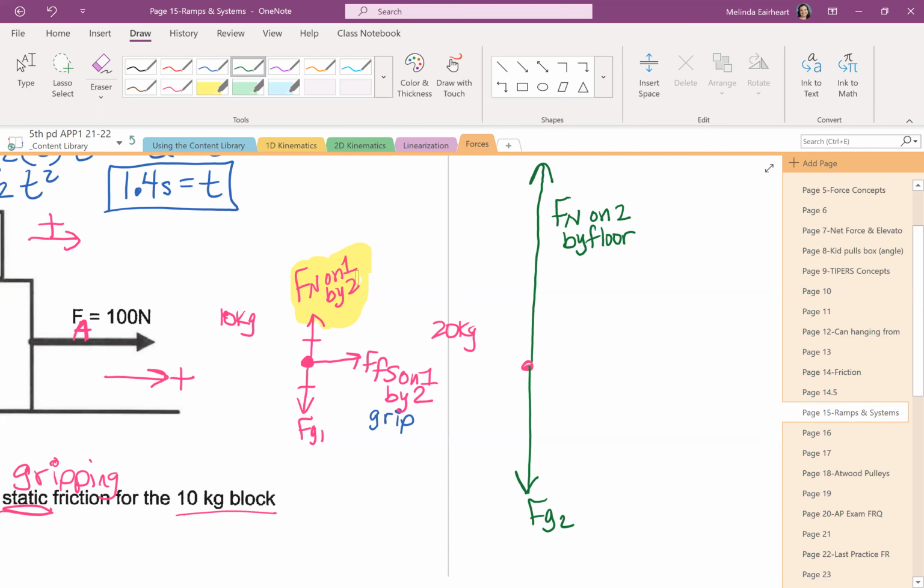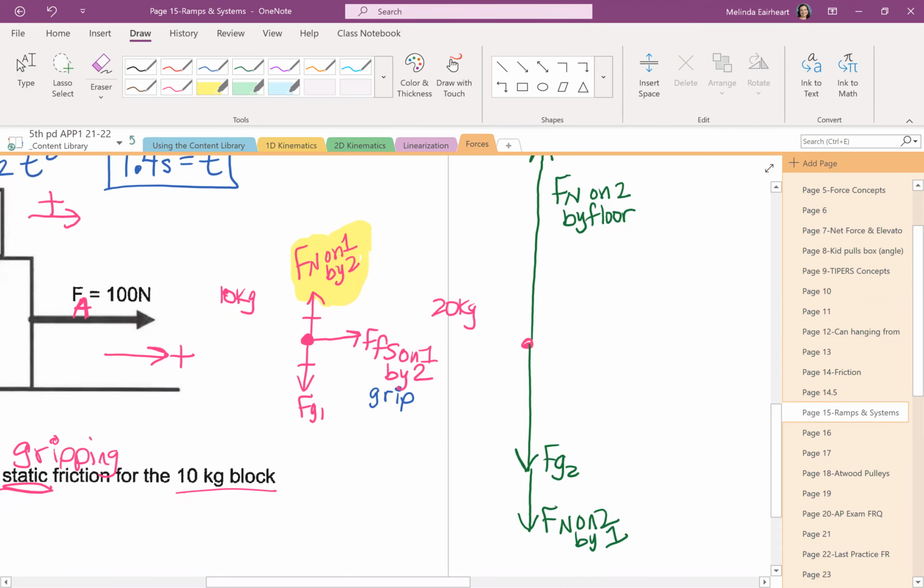Newton's third law says if 2 pushes on 1 up, 1 pushes on 2 down. And so we're going to add, and maybe I move that FG2 over a little bit, because if you have 2 down arrows, they're different. Don't just do 1 arrow. We're going to tip to tail and say Fn on 2 by 1.